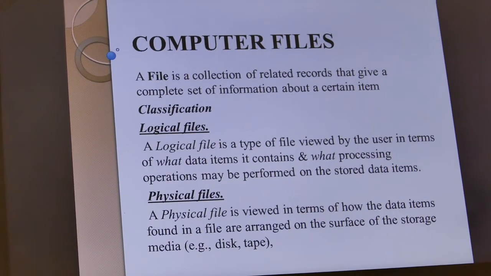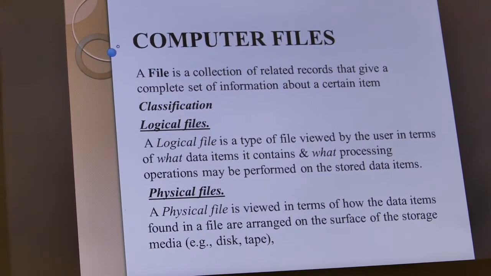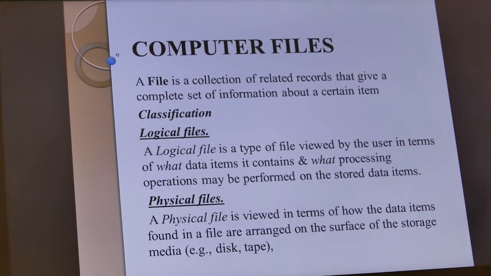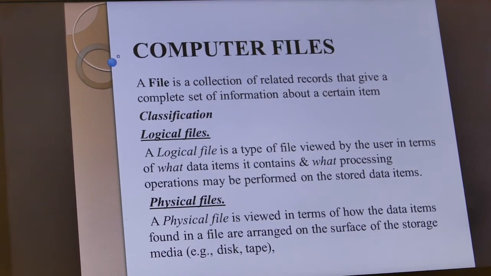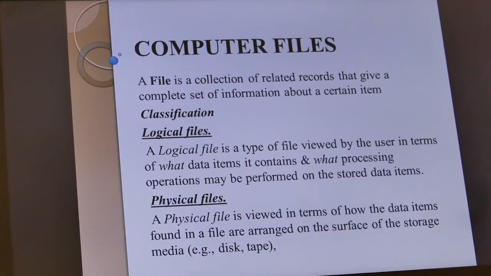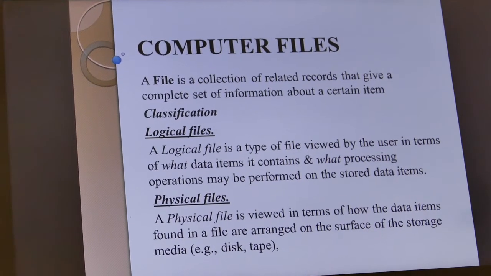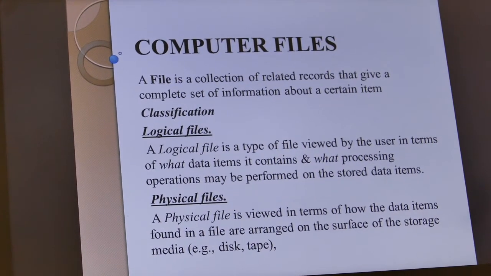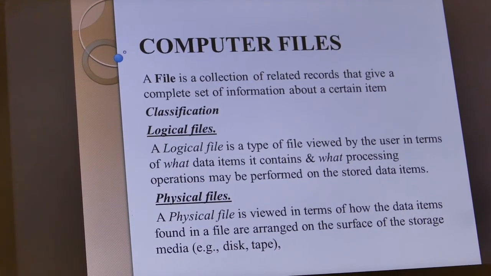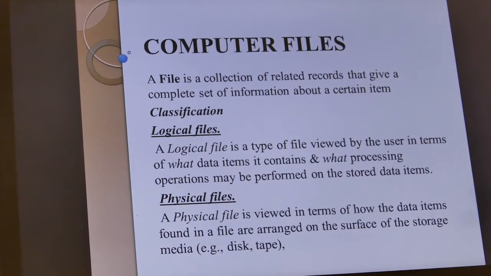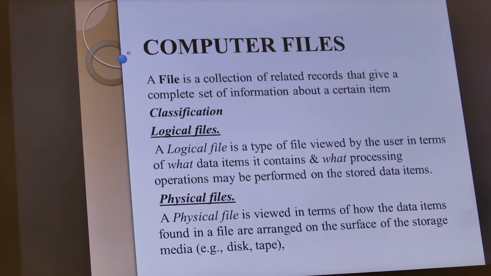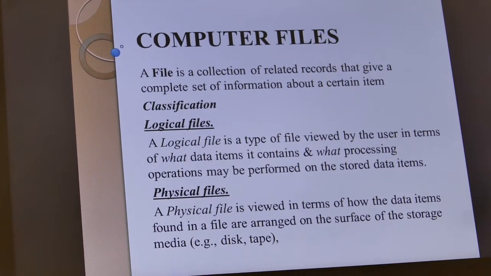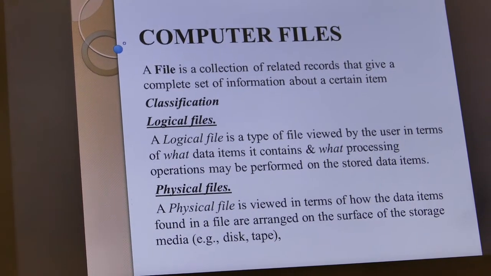Now, after the methods of data processing, we can look at computer files. Definition of a computer file: it is a collection of related records that give a complete set of information about a certain item. We have two classifications: logical files and physical files. We can begin with logical files.